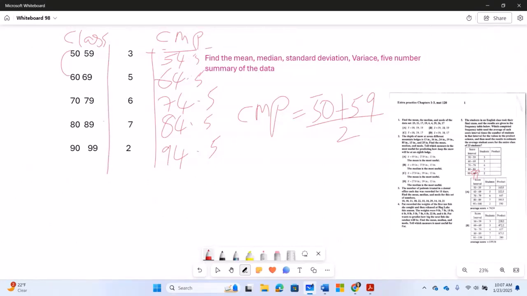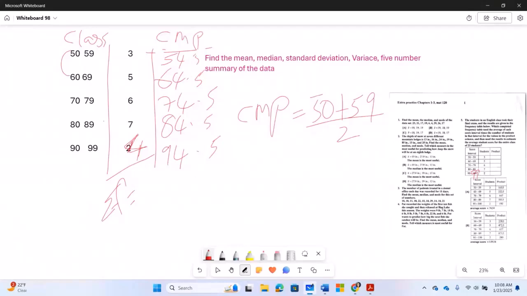And I'm going to draw a line here. The total frequency, summation frequency, is the number of students in that class. Actually, I'm going to make this 4.